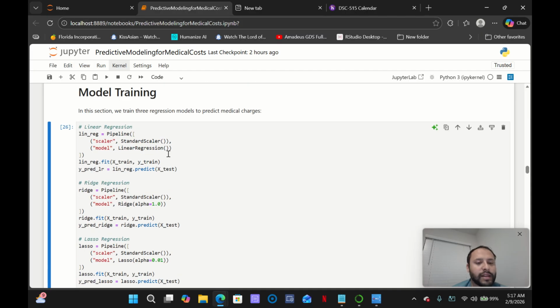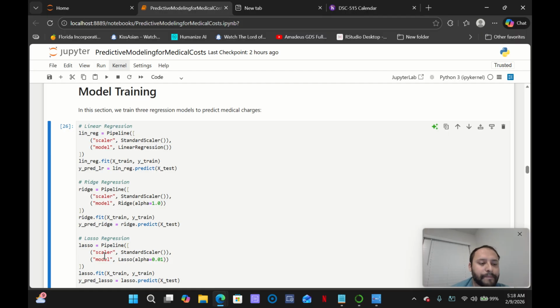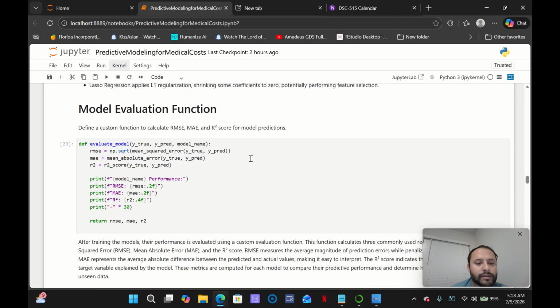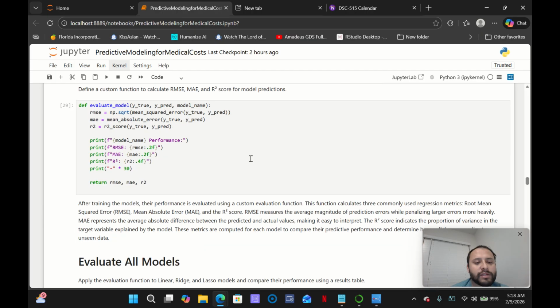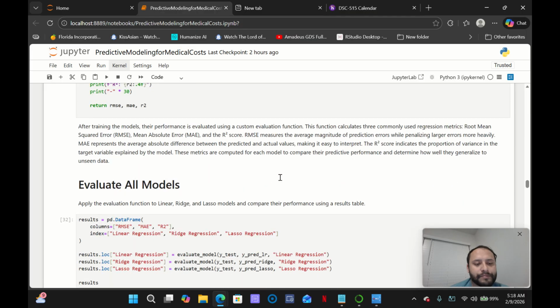Standardization is applied to all the features to ensure a fair scale for regularization. The model performance is evaluated using RMSE, MAE, and R2.